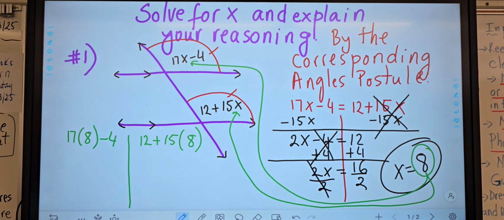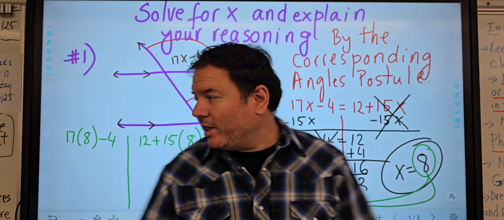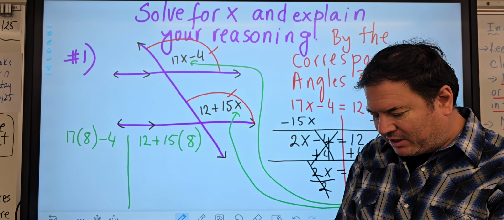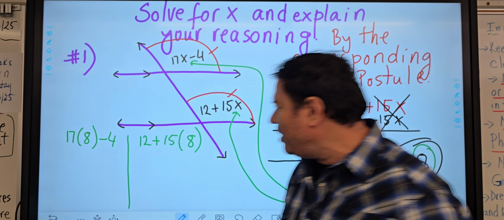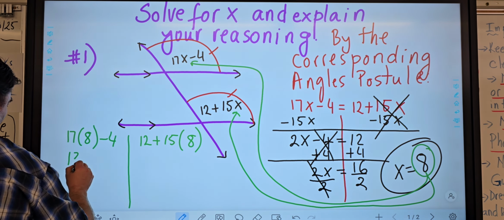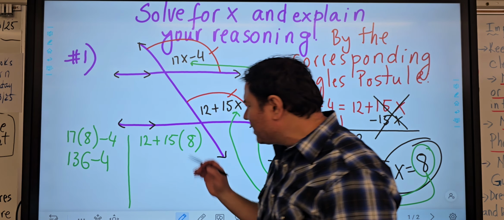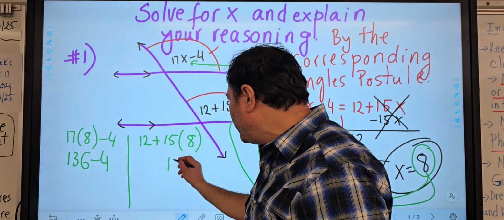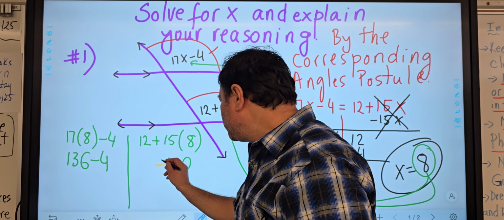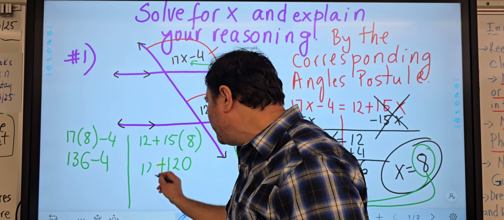So because of time, we are going to use a calculator here, but it's kind of easy. 17 times 8 is going to be 136. So we have 136 minus 4. And here we have 15 times 8, that becomes 120, plus 12, and see what we get.